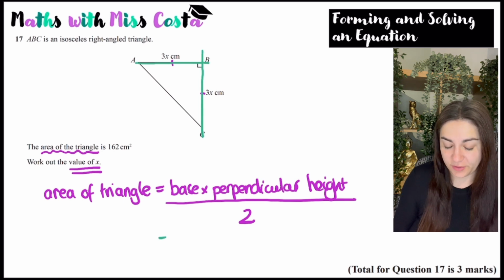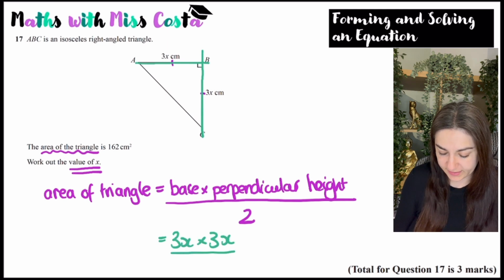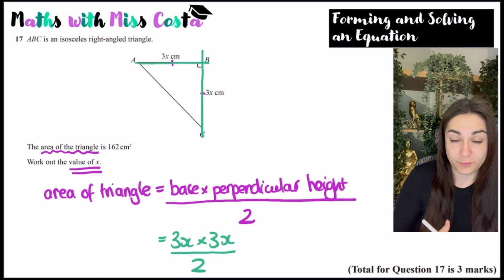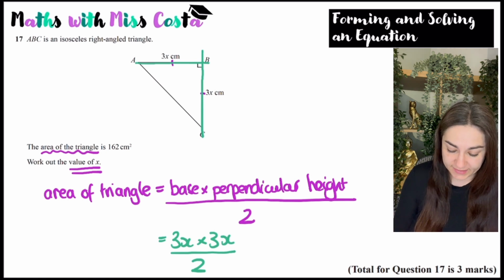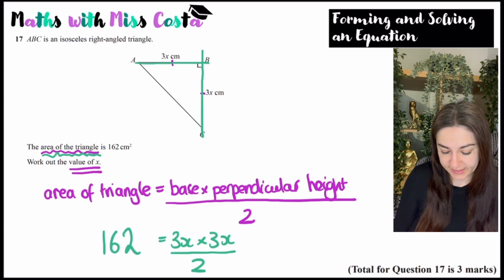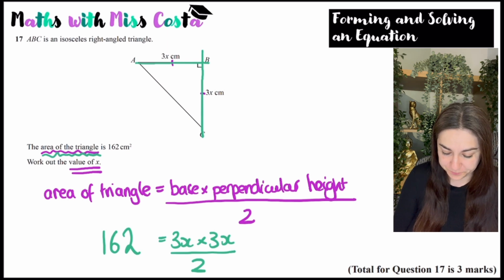So the base is 3x, the height is 3x, and then I'm going to have to divide that by 2. So I'm going to use the formula for the area of a triangle. I've been told that the area of the triangle is 162, so therefore I know 162 equals 3x times 3x divided by 2.